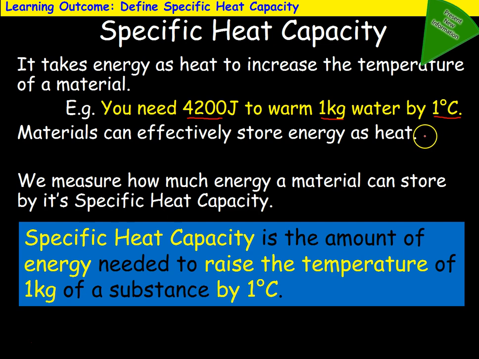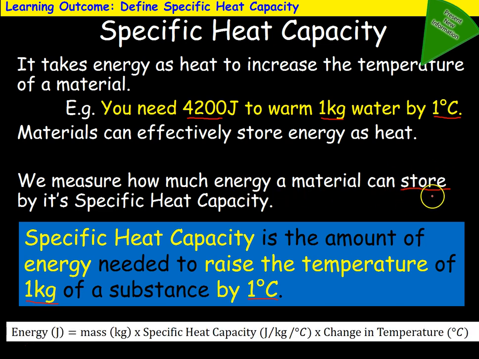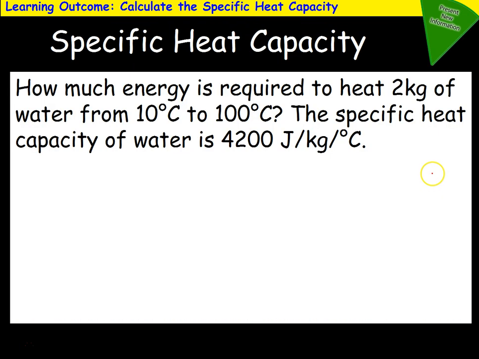So that is our definition. Specific heat capacity is the amount of energy needed to raise the temperature of 1 kilogram of a substance by 1 degree. Each material will have a different specific heat capacity, and it's analogous to how much energy a material can store. Water has quite a high specific heat capacity, and that means it can store a lot of energy, and that's why we use it for central heating in our homes.